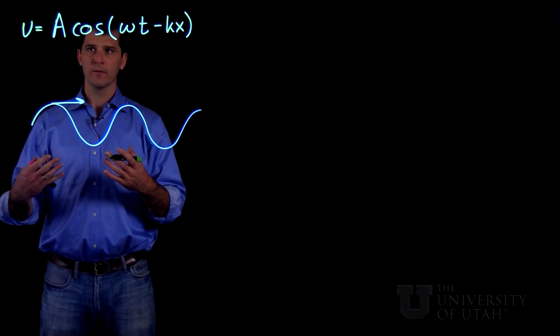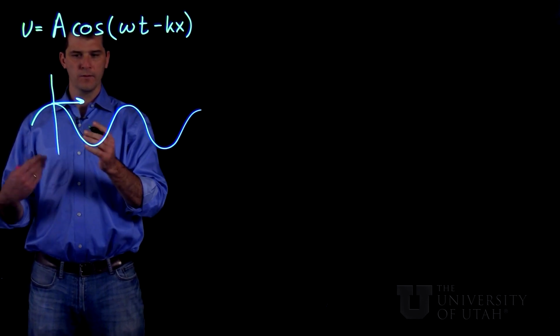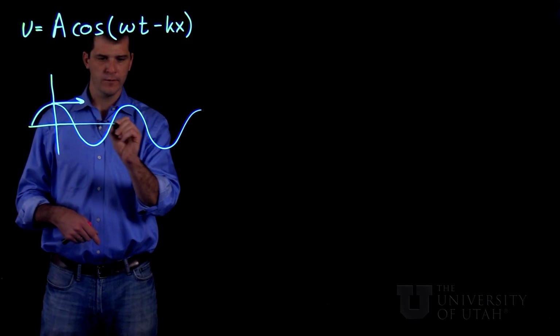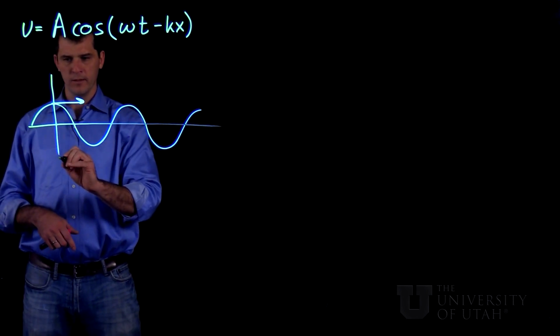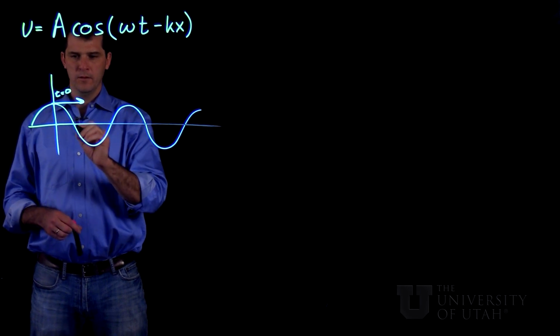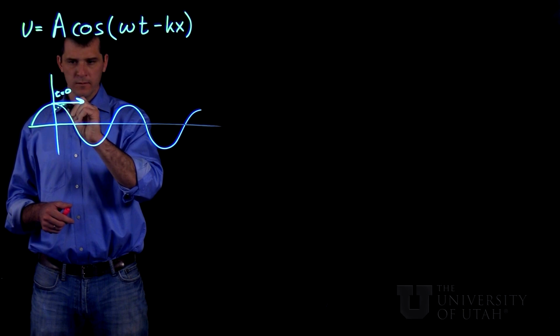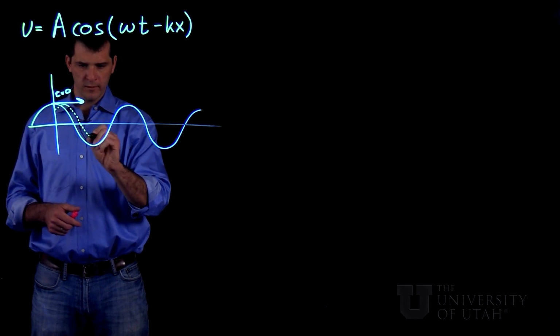And how do we know this? Well, we can pick a certain fixed point here. Let's imagine, since this is a cosine, the convenient place to cut it is at x equals 0 at t equals 0. And then we'll redraw at a certain time later.